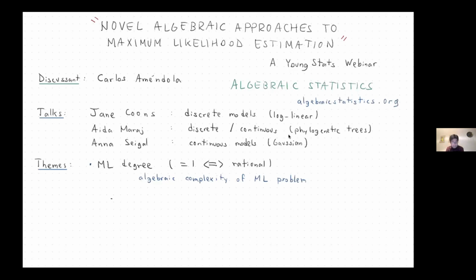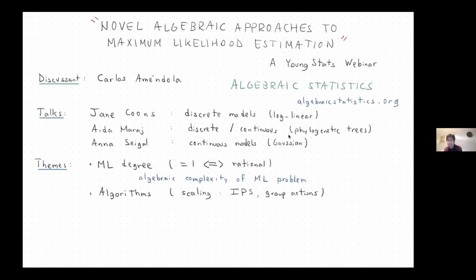And Anna, although she didn't explicitly refer to it, in this linear algebra approach we also have some ways to find the MLE, and she talked about an algorithm to find it. So in terms of algebraic complexity, this is a very nice connection, and maybe there was a question about this, so maybe I'll touch on that.